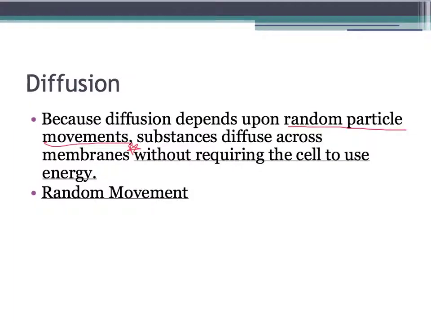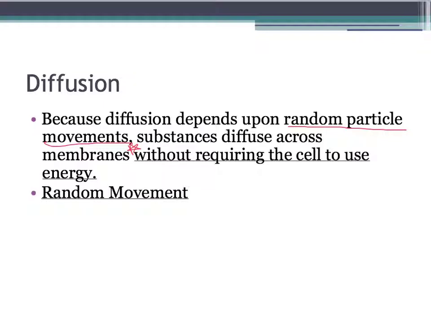All right, so the last little bit about diffusion is that diffusion depends upon random particle movement. There's not really any rhyme or reason other than that they're trying to move from areas of high concentration to areas of low concentration. And because of this random movement, substances are going to diffuse across membranes without requiring the use of energy.